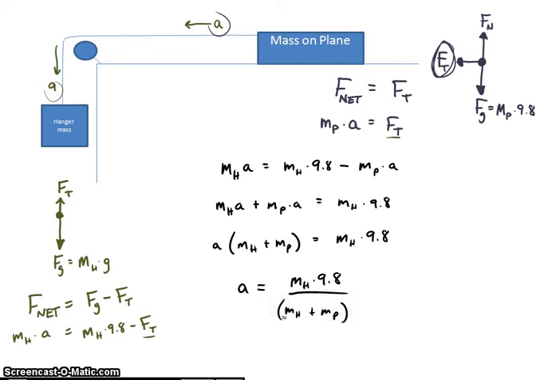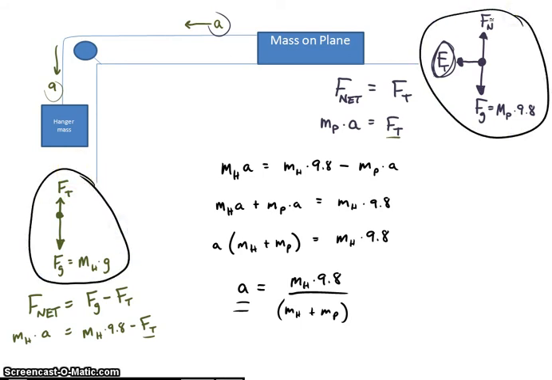Now this is a way that I can figure out the acceleration in the lab. This acceleration works for this instance, when we have two objects connected like this on a pulley system. It only works for that kind of situation. Ideally, we're looking at it from the standpoint of this free body diagram and this free body diagram, and then looking for the relationships between the things that are in common.